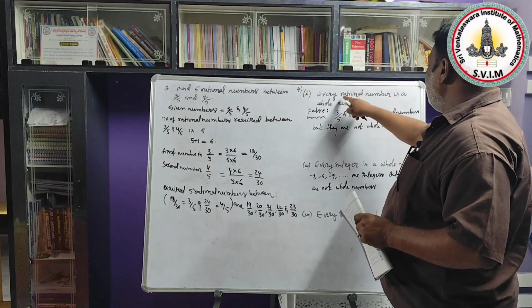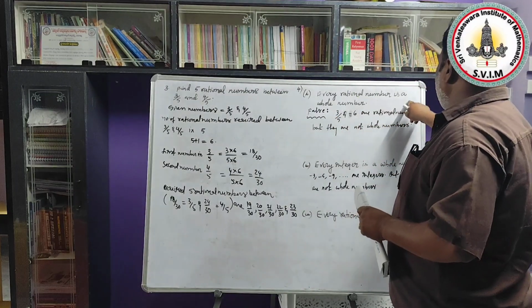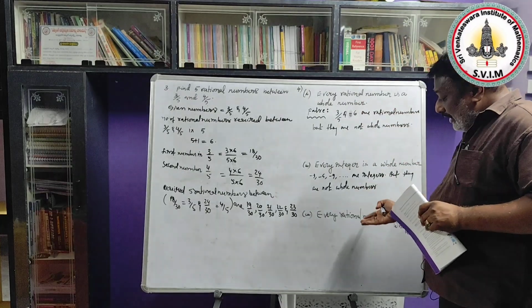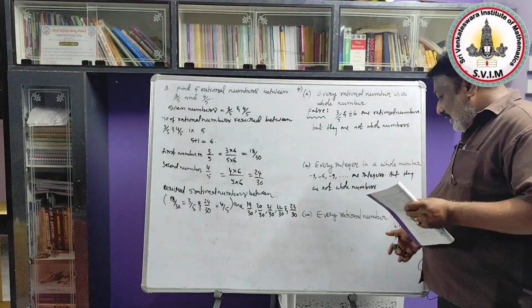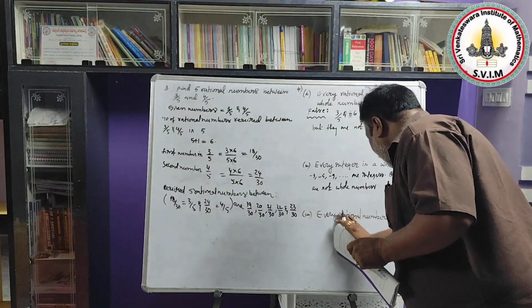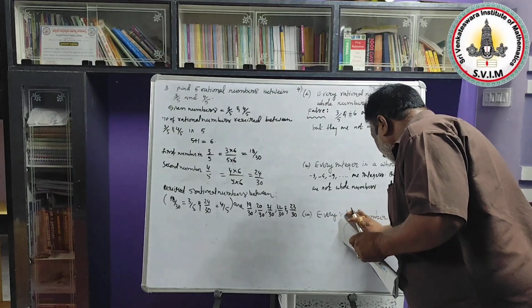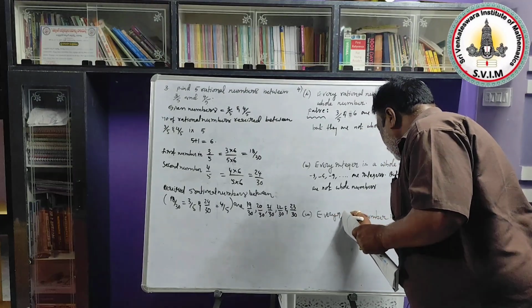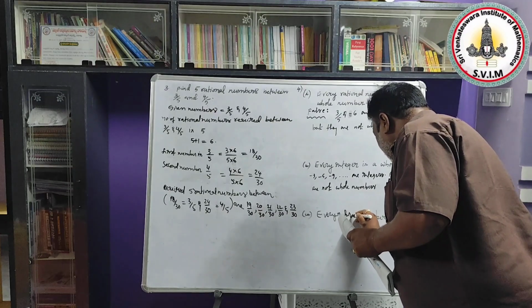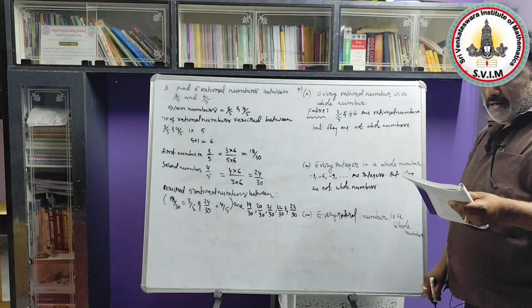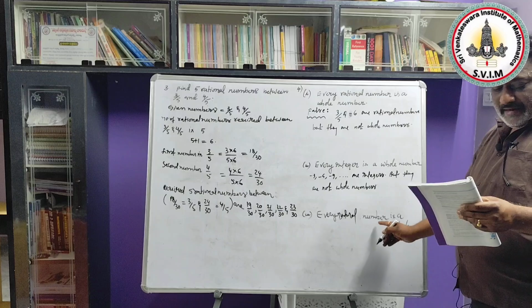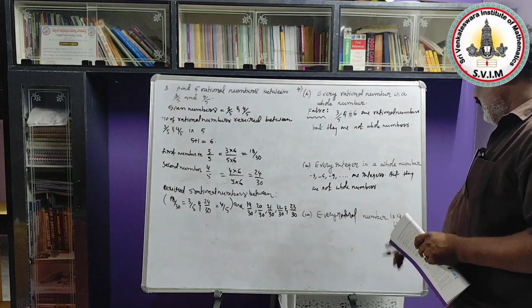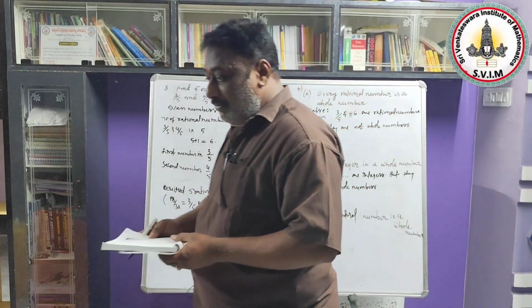I had written it by mistake. So here we can change this problem as the first one. Every natural number is a whole number.